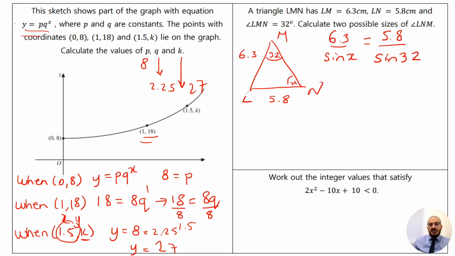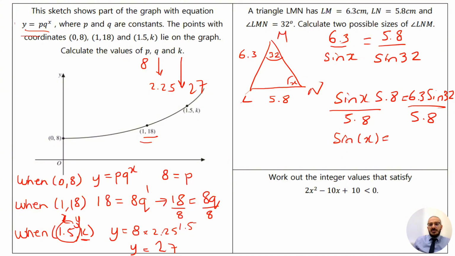Cross multiplication and rearrangement gives sin x times 5.8 is equal to 6.3 sin 32. We need to divide both sides by 5.8, which gives me sin x is equal to 6.3 times sin 32 divided by 5.8. So we do shift sin, type this in, which will give us 35.1 degrees.